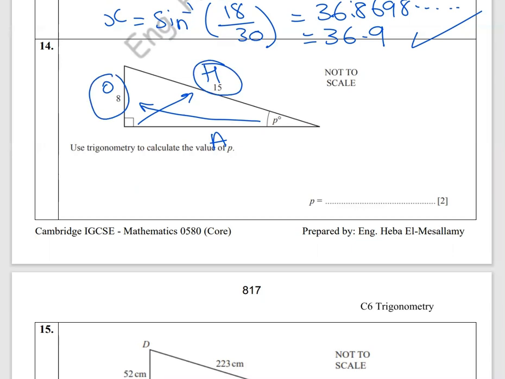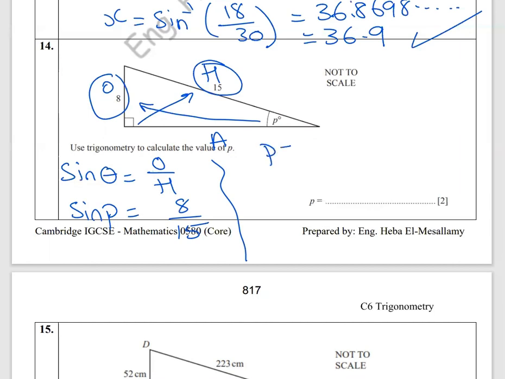So, SOH CAH TOA, of course, I'm going to use the SOH, which is sine, which means sine theta is opposite over hypotenuse. So sine P equals 8, the opposite, over the hypotenuse, which is 15. As I just said, we are going to break the bond between the ratio and the angle by getting the inverse of the ratio.